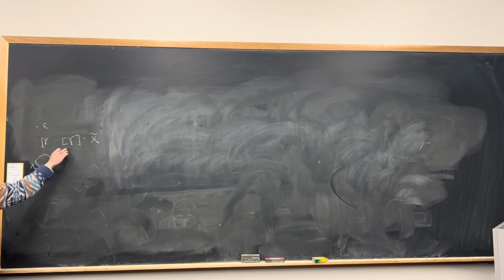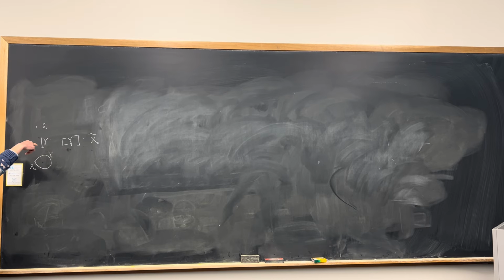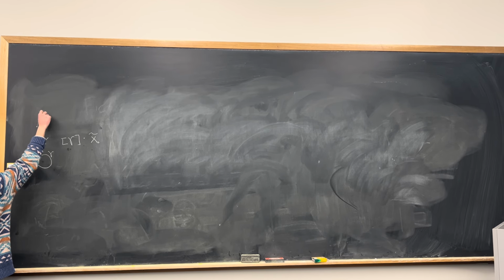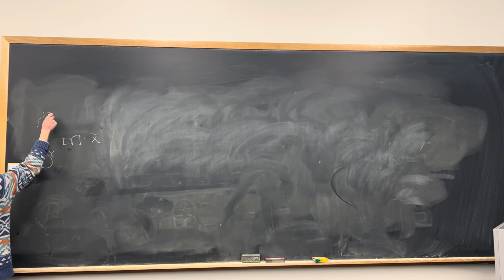And then this is the curve that's downstairs, and then we take the group action. What's going on here is that you have the unique lifting of this curve to another curve, gamma r tilde.